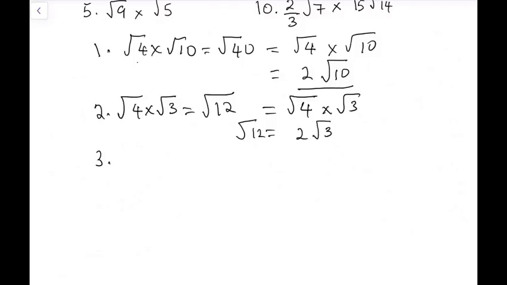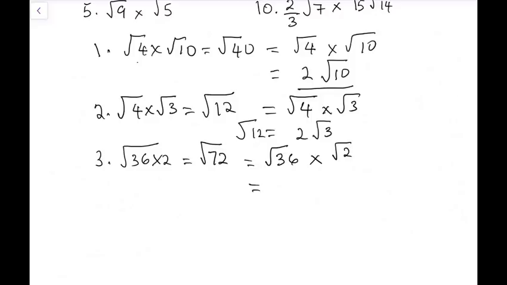Number 3. So we have root 36 times root 2, and that will give us root 72. We can also break this further by looking at square root of 36 and square root of 2. Square root of 36 will be 6, and if we multiply by root 2, it will give us 6 root 2.